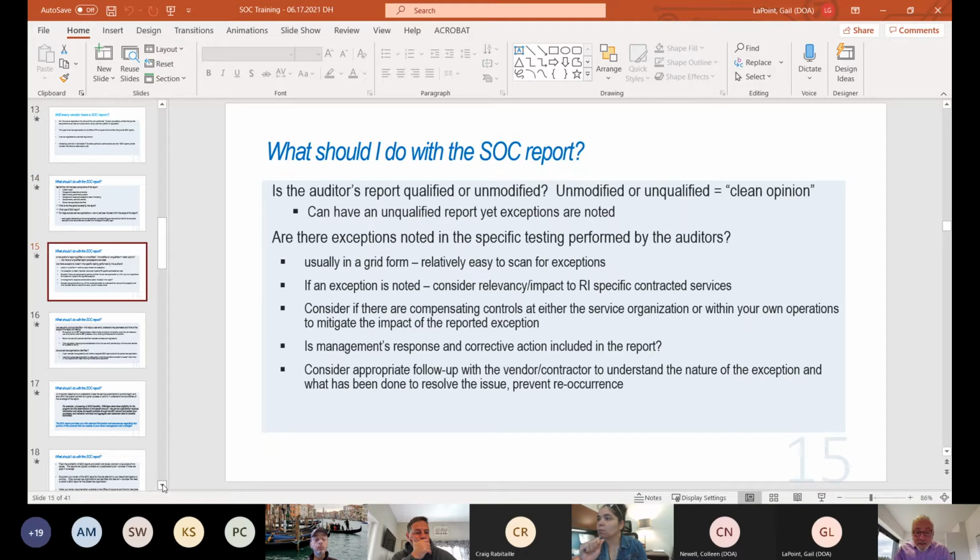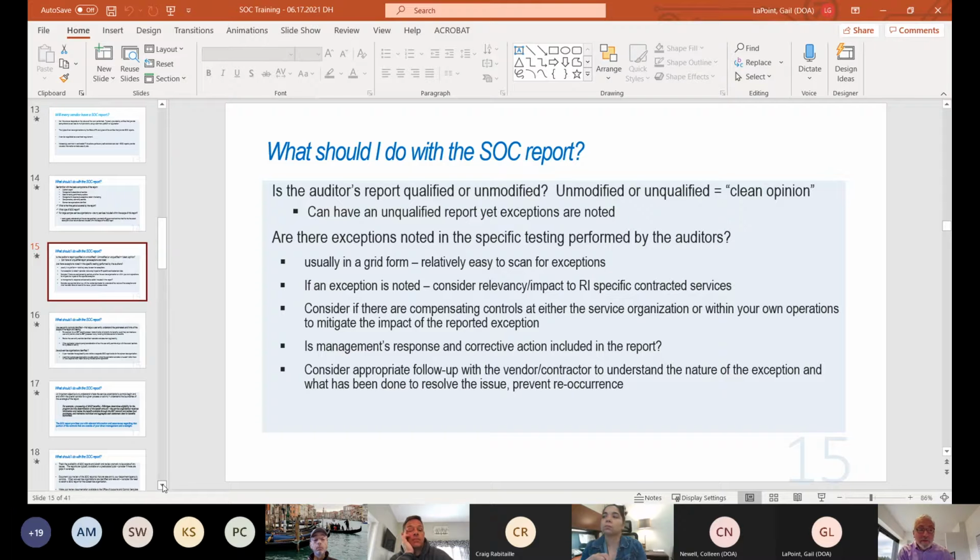For large complex service organizations, and this is important, you want to make sure you've got the right SOC report. My services from this perspective is whatever they are providing to you as a department or as the state of Rhode Island, are they included within the scope of this report?